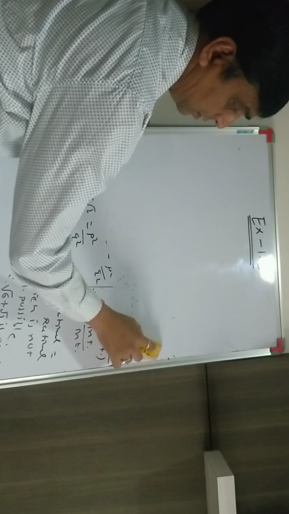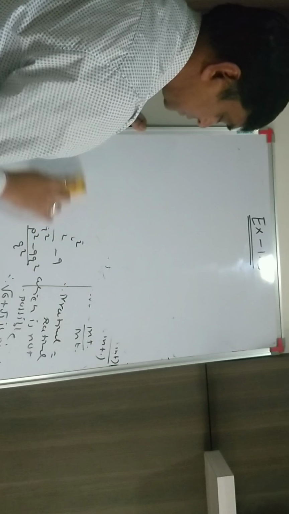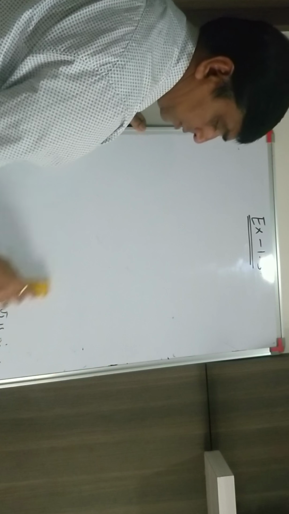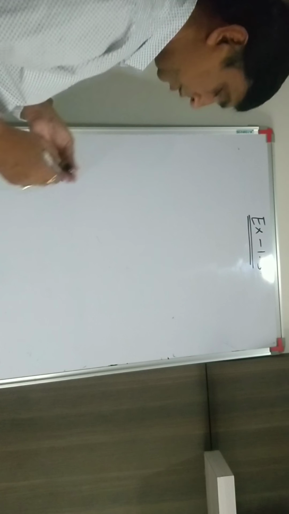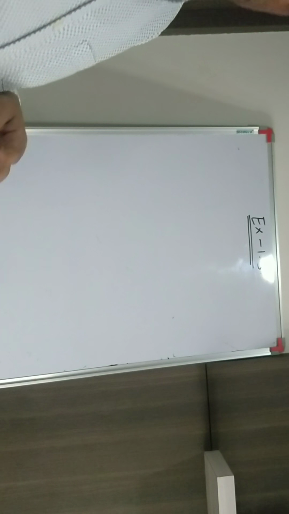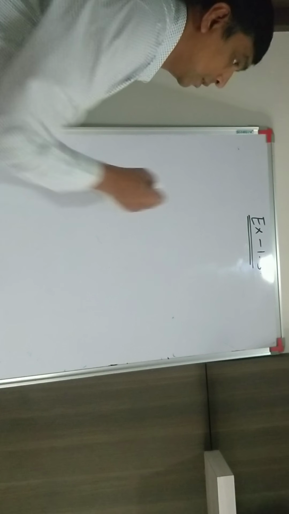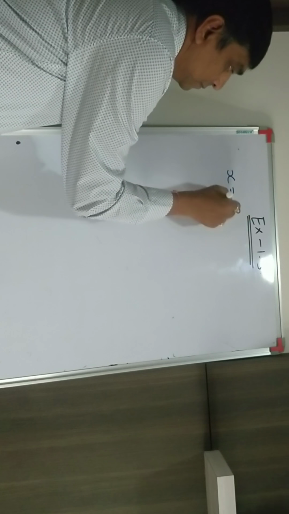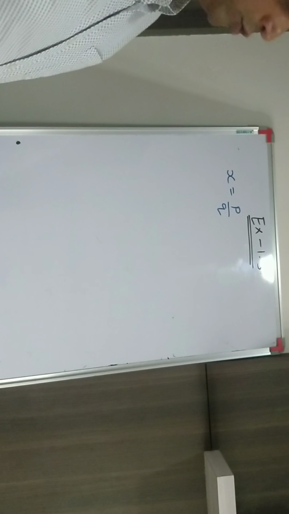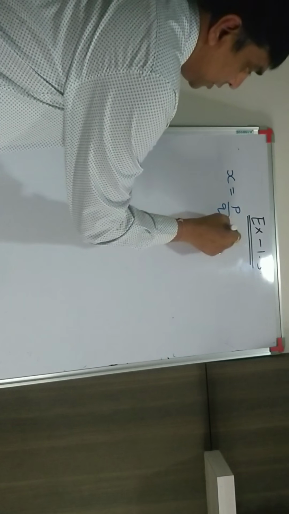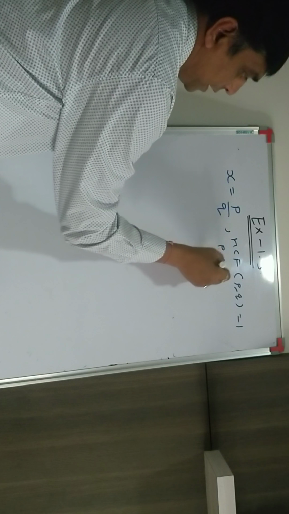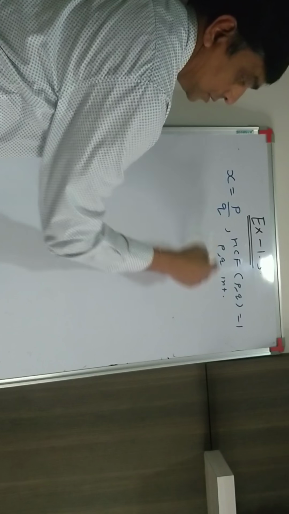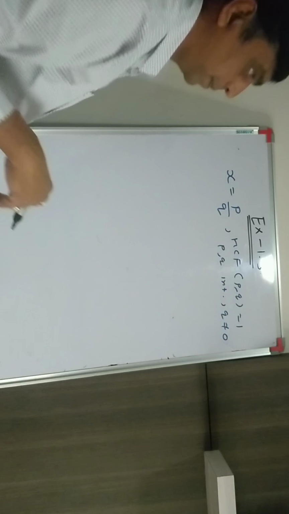Now you know that a rational number can be expressed in the form of P upon Q. So any rational number, say x, equals P upon Q, where GCD between P and Q is 1, P and Q are integers, and Q is not equal to 0.